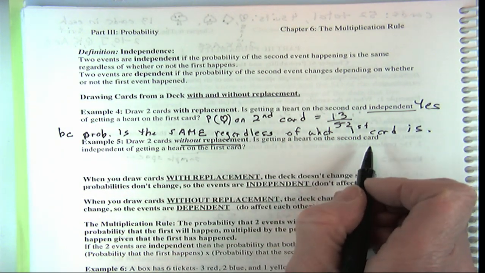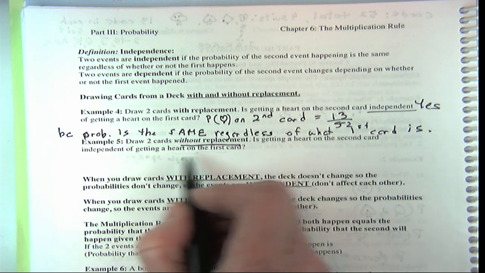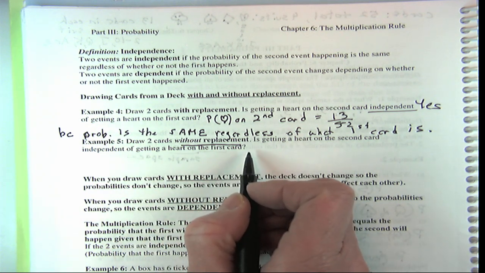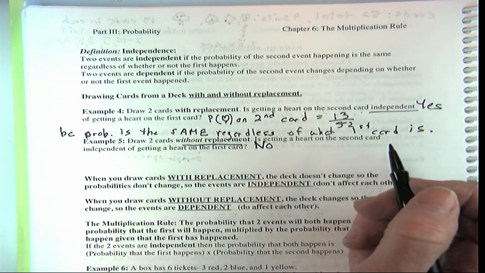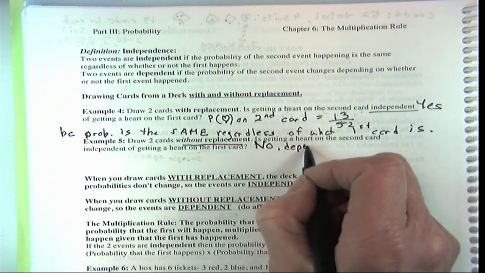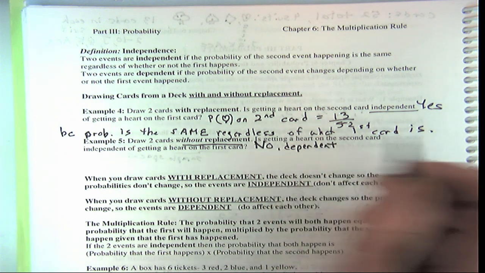But what about if we do the same thing without replacement? Is getting a heart on the second card independent of getting a heart on the first card? Well, no, it's not. It's dependent, because the chances change.